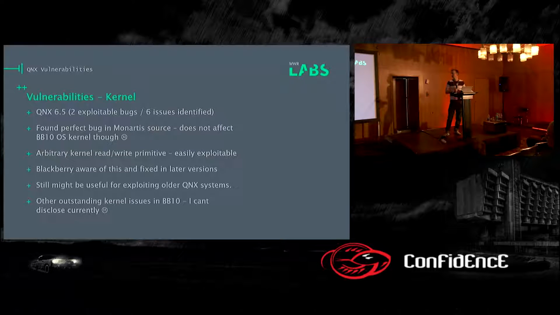But you can still use this vulnerability to attack other older QNX systems, which might be useful if you're not attacking a BlackBerry device, but some other QNX device. I've got some issues with BlackBerry currently as well, which I can't talk about, unfortunately, because they haven't patched them.